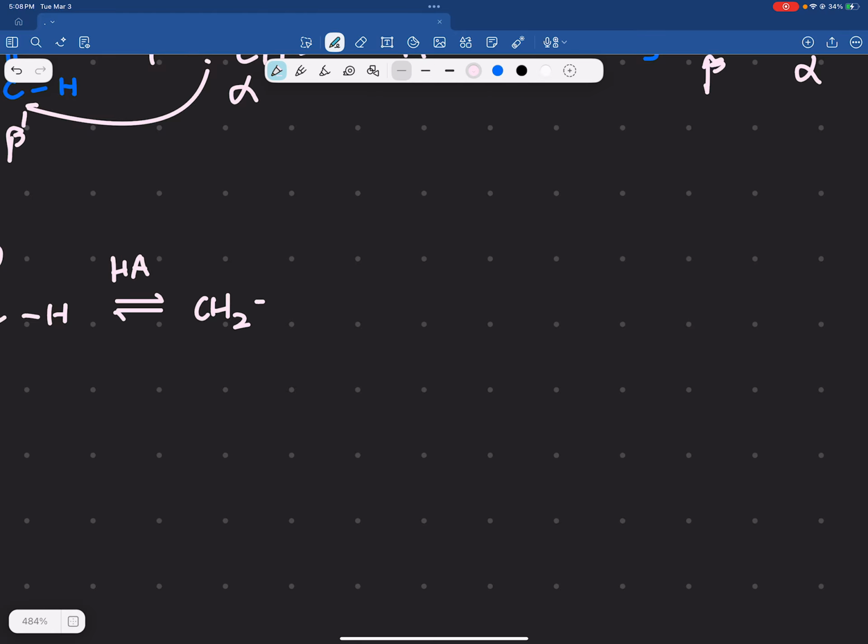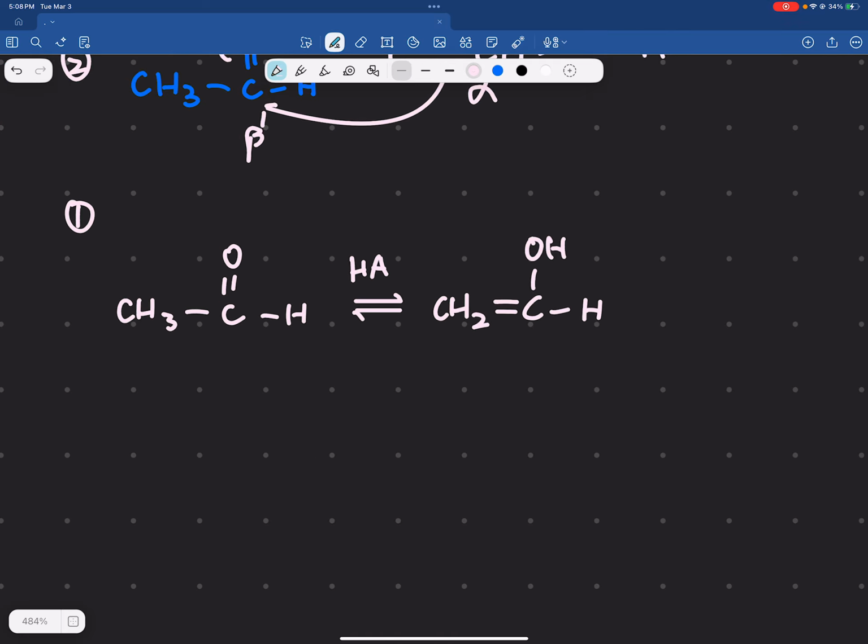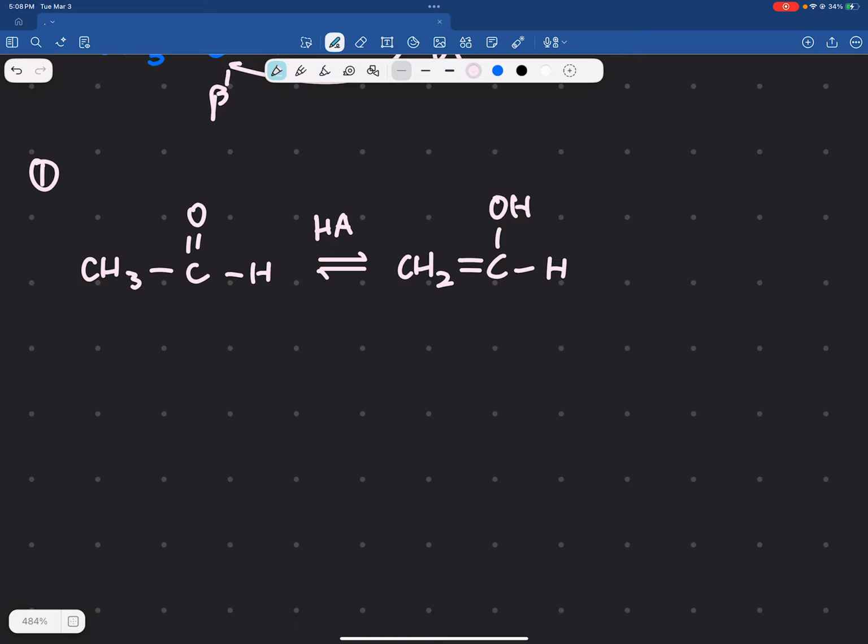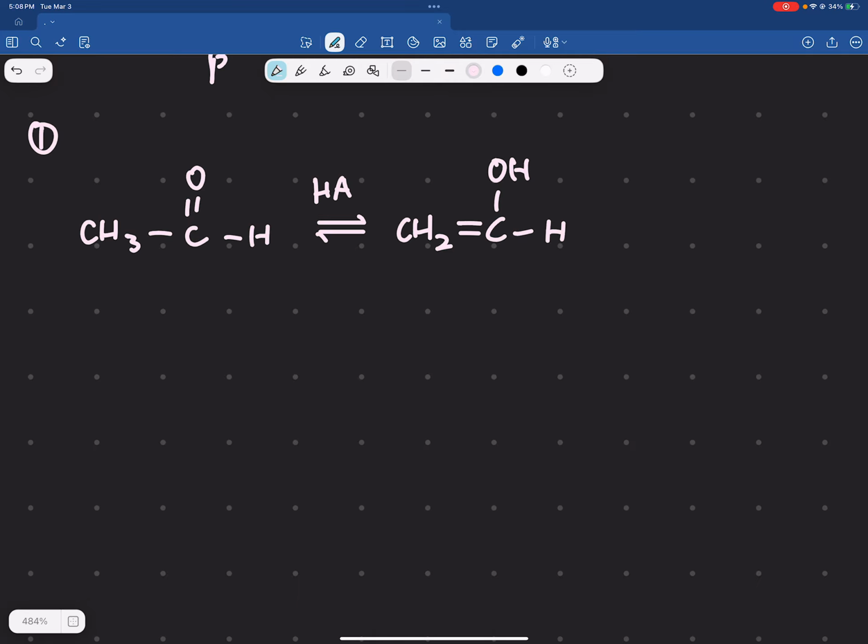So actually we went through this in an earlier video. This is acid catalyzed equilibration of a keto enol product. So first of all, we're going to catalyze the equilibration of our keto and enol forms. And second, we're going to protonate.